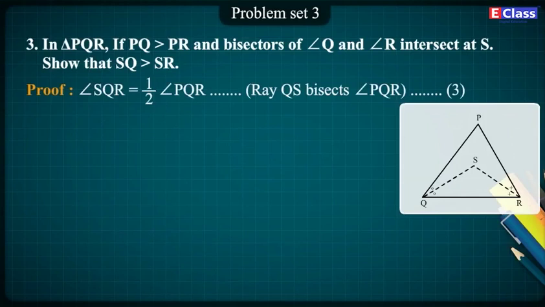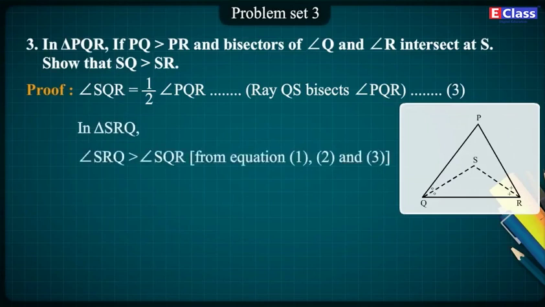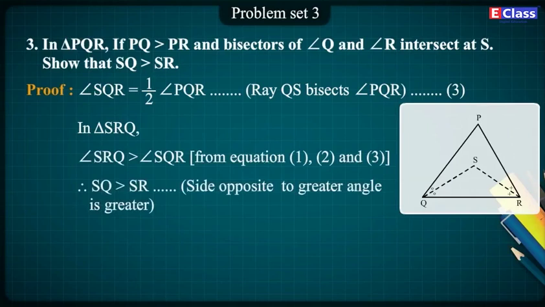Let us mark it as equation 3. In triangle SRQ, angle SRQ is greater than angle SQR from equation 1, 2 and 3. Therefore, SQ is greater than SR, as side opposite to greater angle is greater.